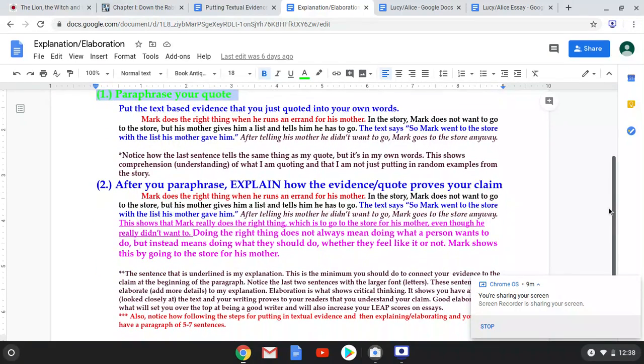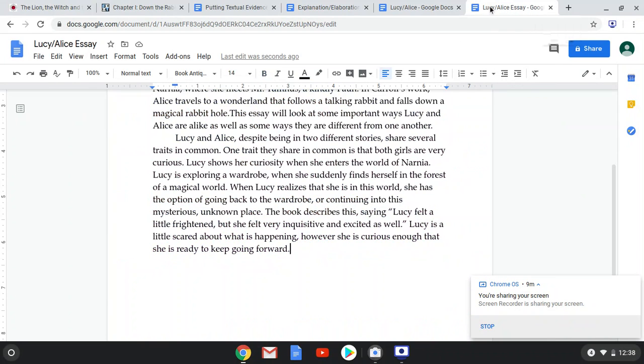After you paraphrase, explain how the evidence proves your claim. Okay. What's my claim again? It's that Lucy is being curious. This shows that Lucy is a very curious girl. I don't even like that, let's change that up.